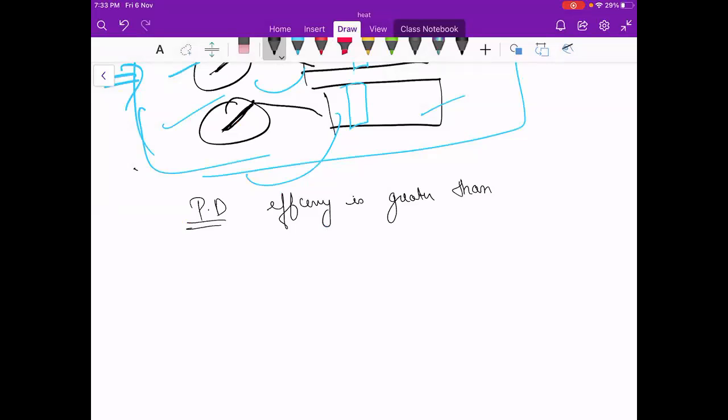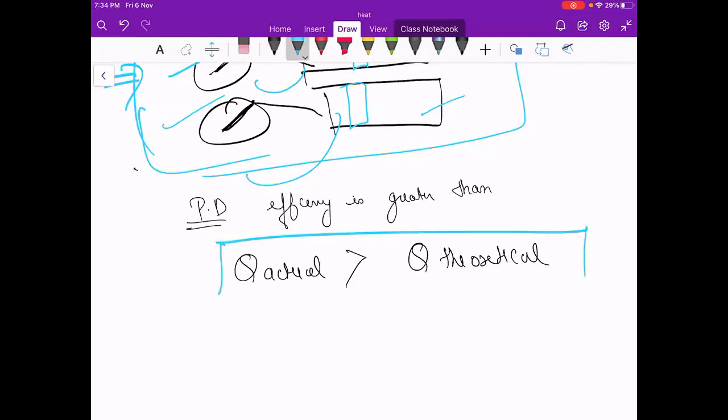Okay, the efficiency can be such that Q actual can be greater than Q theoretical. What is the meaning of this? This is a very important point. Q actual is greater than Q theoretical.